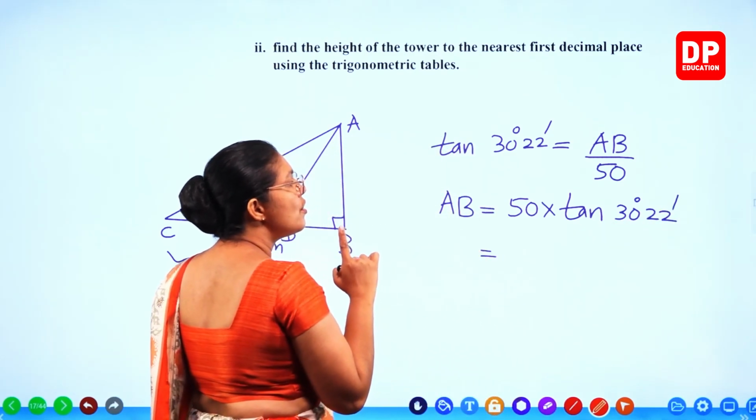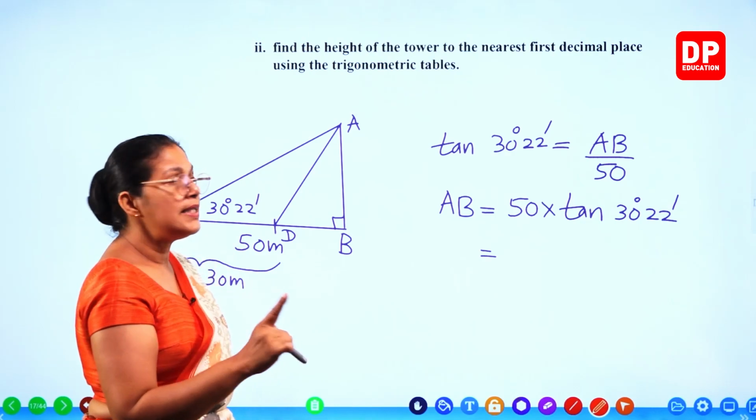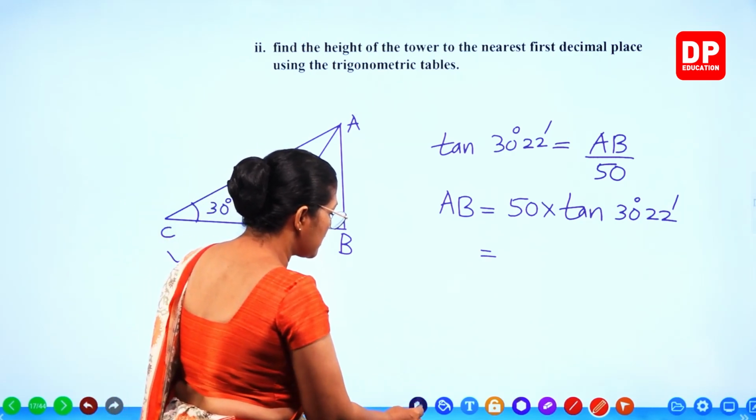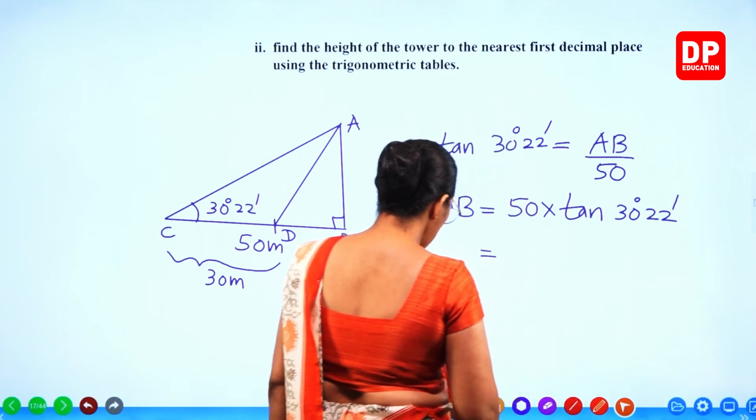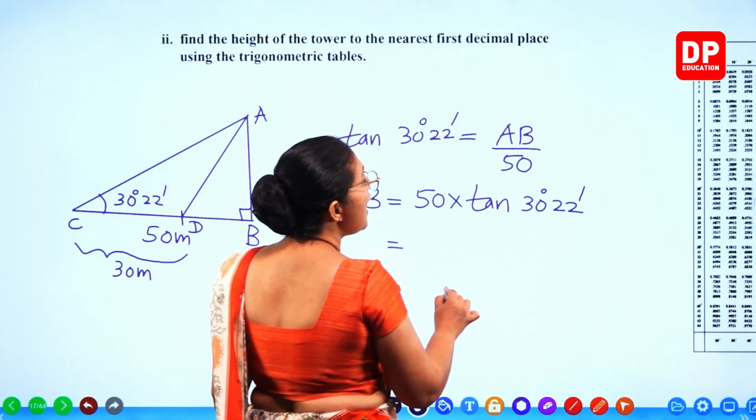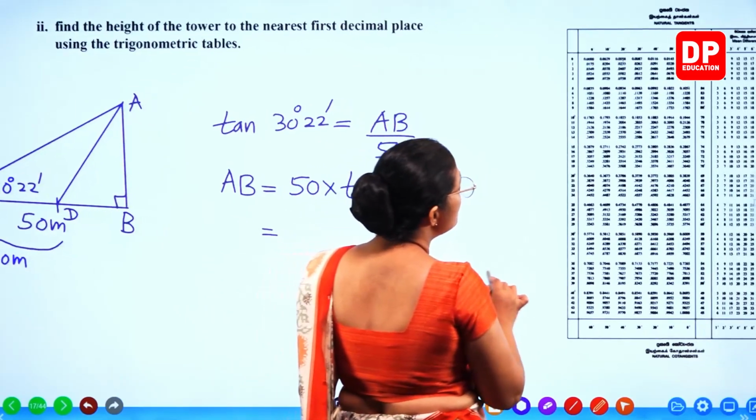Now you have to refer to the tangent table and get this value. So let's refer to the tan table. Tan of 30, 22.